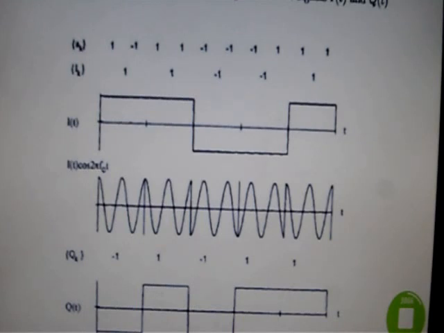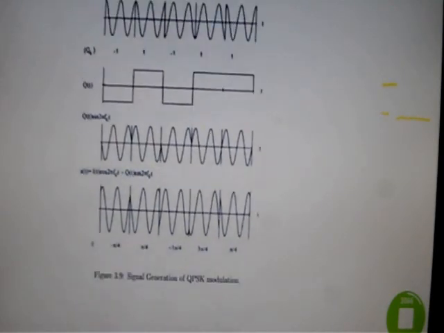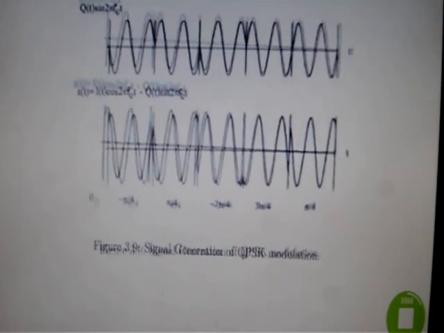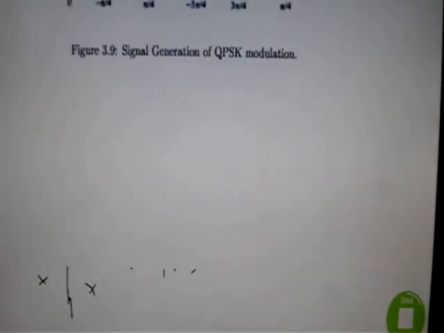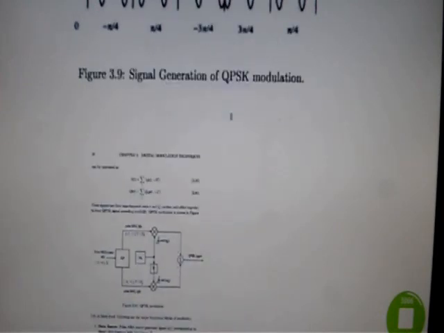So let me show that diagram at block level. I'll go back to my slides. Okay, I'll show you the diagram at block level. It's here with me.